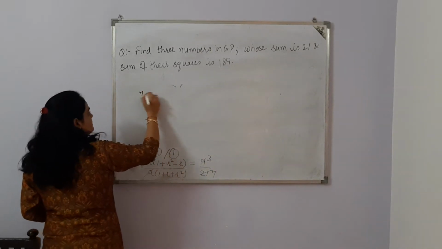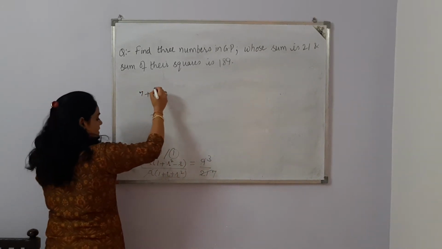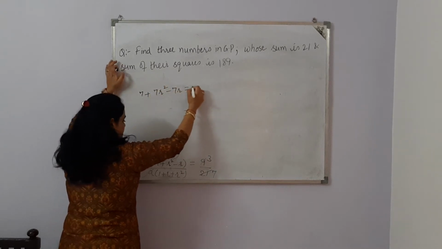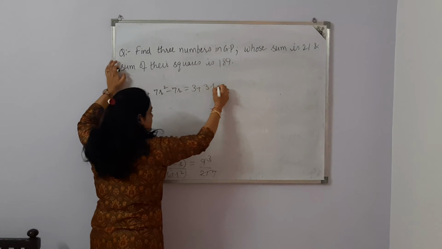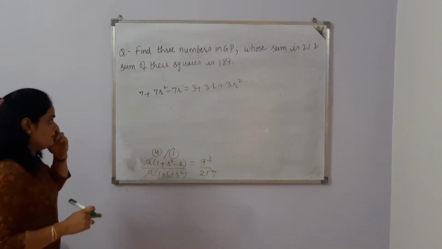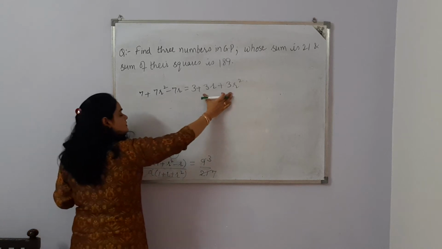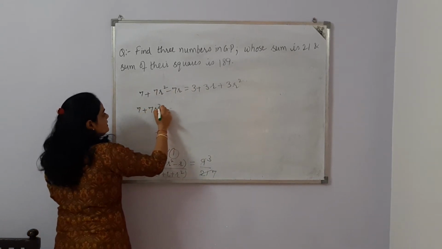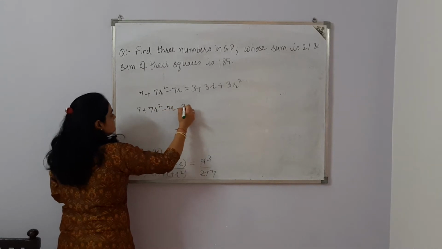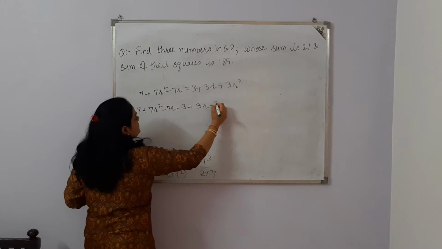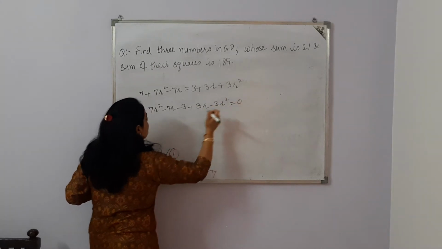It is 7 plus 7r square minus 7r equals to 3 plus 3r plus 3r square. So when all these three terms come to this side, it will change the sign. It is minus 3r square equals to 0.